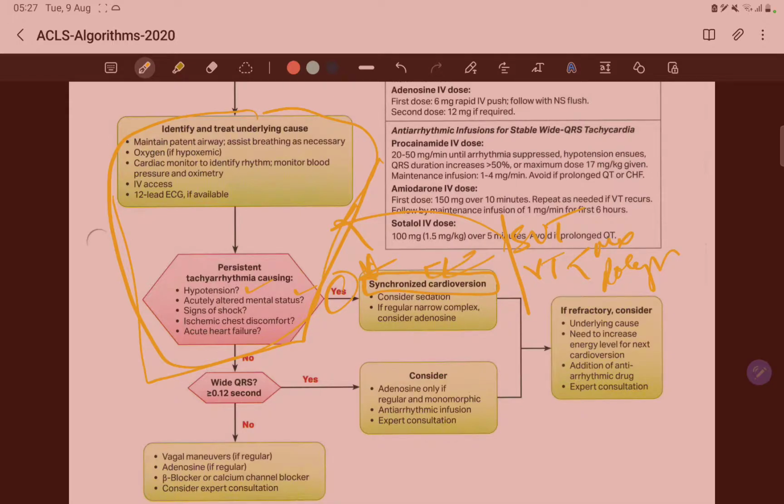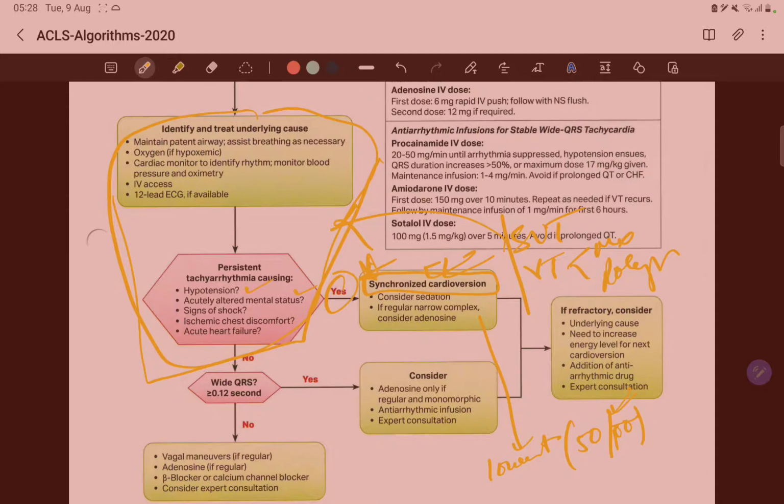In this synchronized cardioversion, we use the shock pads and we start from the lowest, 50. But we can start from 100. Earlier the guidelines were based on joules, what kind of rhythm we get, and according to that we gave the shock.